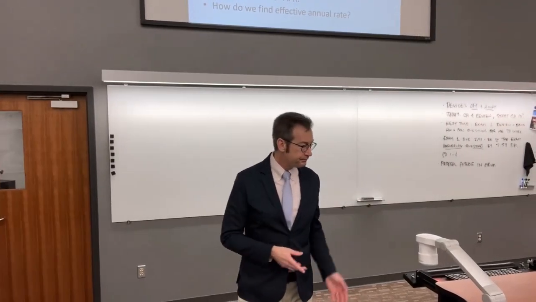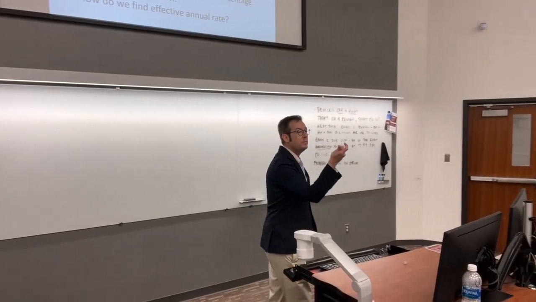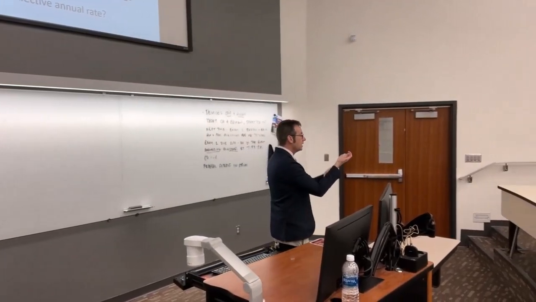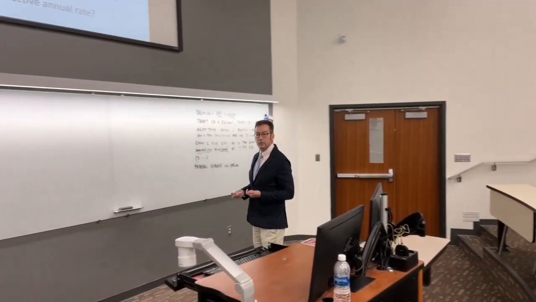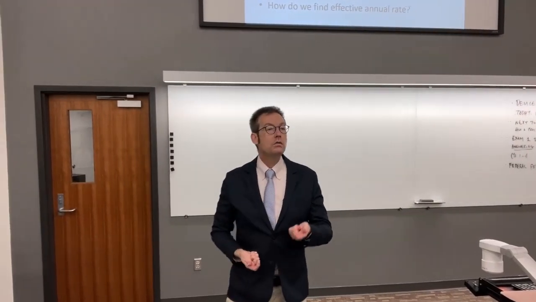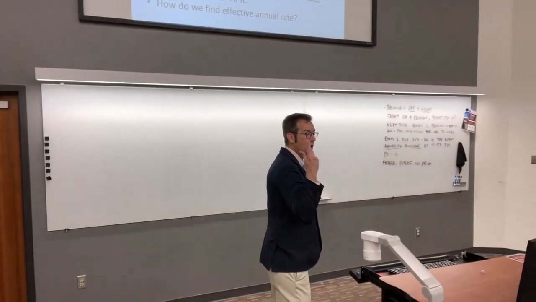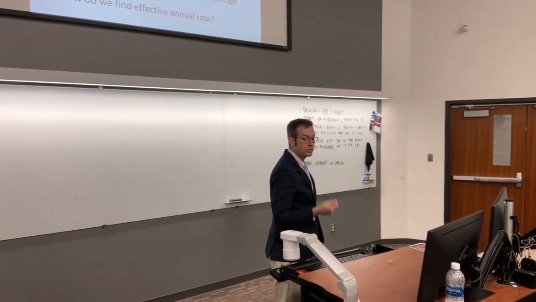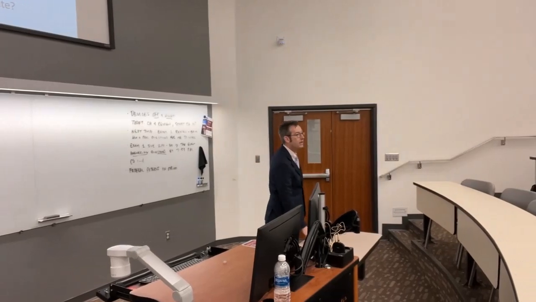Okay, so annual percentage rate, APR, those are all the number of periods in the year times the sub-period rate. In our first example, the sub-period rate was 1% per month multiplied by 12 months in the year. And so those are stated, nominal, quoted, or annual percentage rate. Now we need to get to this effective annual rate.